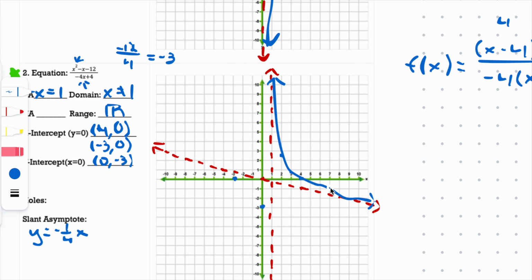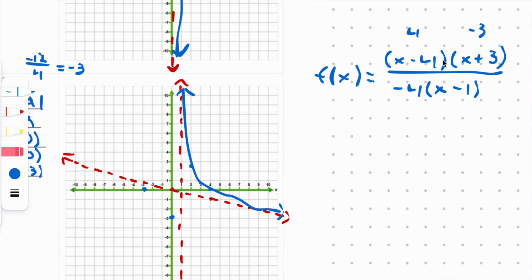I'm going to do the same here. I'm probably going to get one more point. I'm going to plug in negative 1. And so negative 1 minus 4, negative 5. Negative 1 plus 3, positive 2. Negative 5 times 2, negative 10.